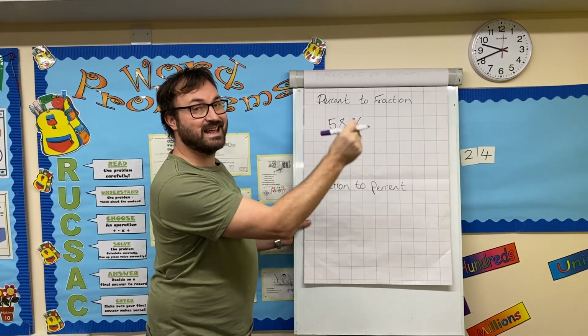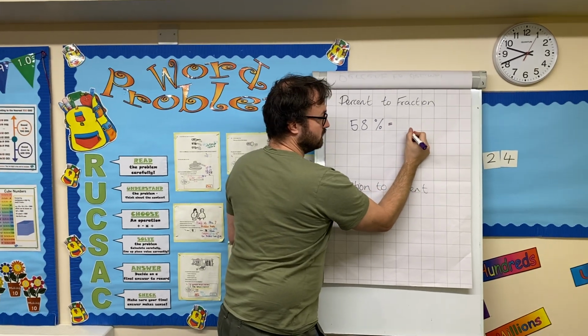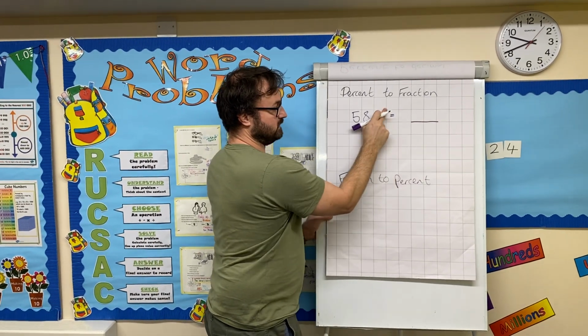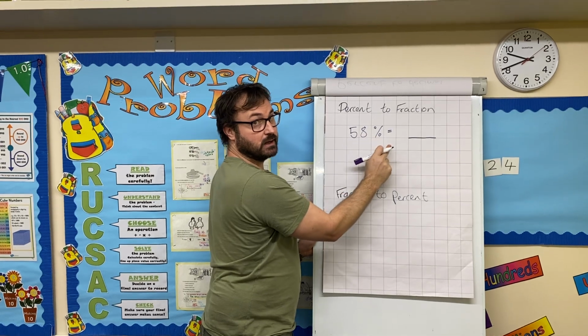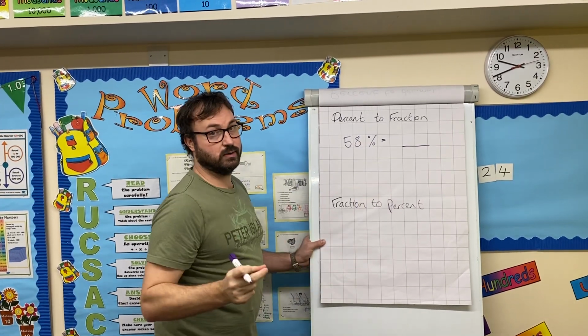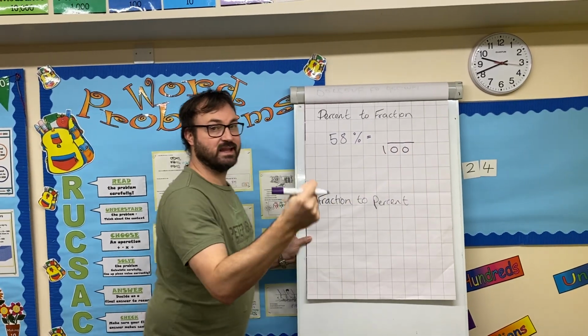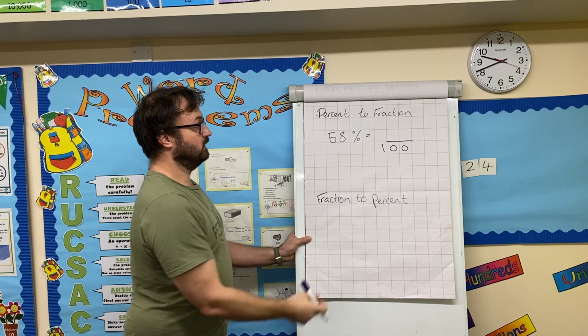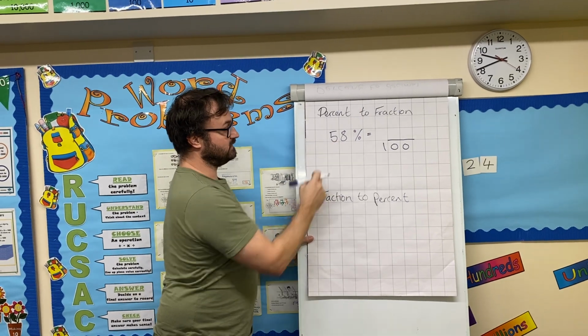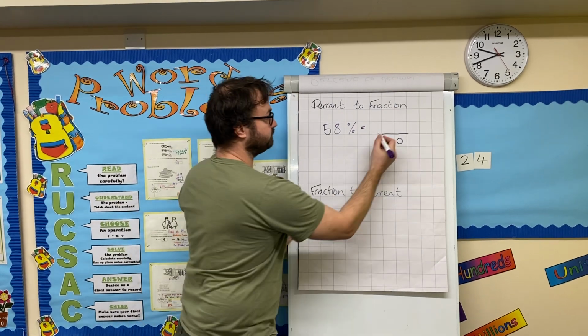Now, percent means of 100. So if we put it in like we would for a fraction, that little circle there is always going to be 100, because percent means of 100. And then whatever the percentage is, there is your numerator.